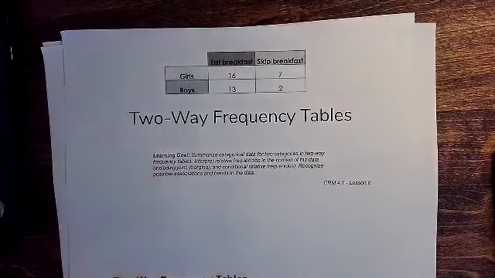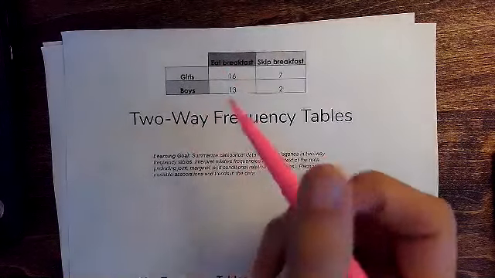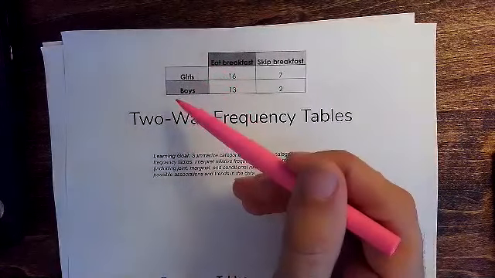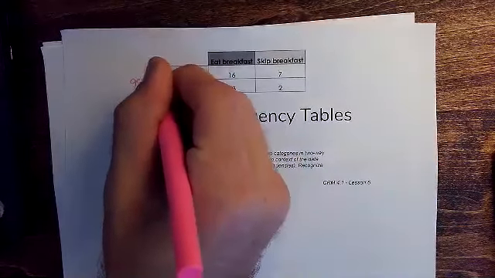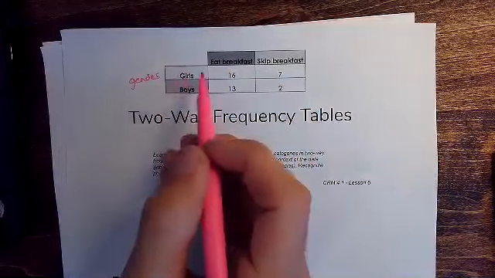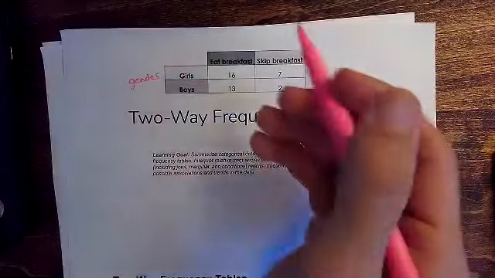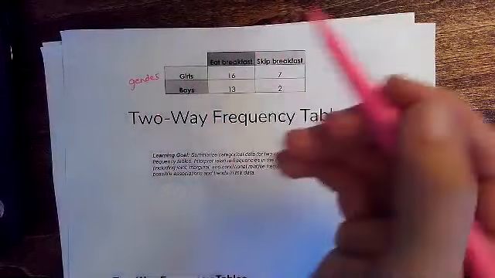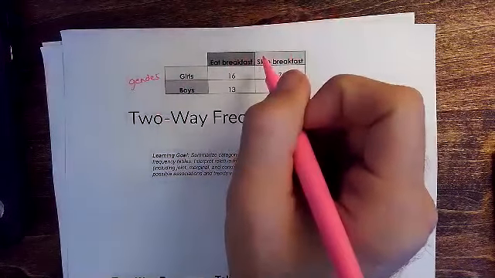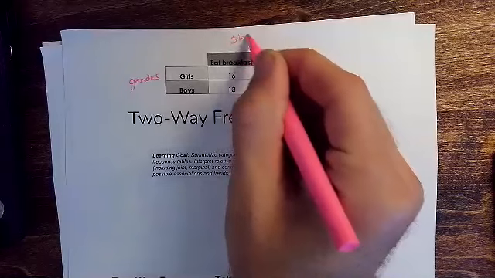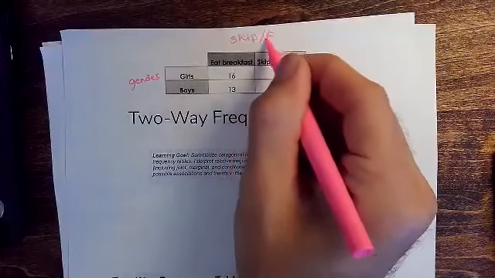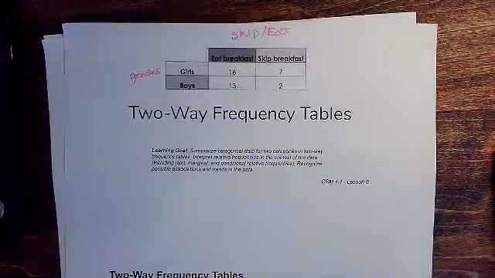So we're doing two-way frequency tables. Basically, the idea here is we have one variable, say, gender over here, and that could be considered girls and boys. And then there is another variable over here, and that's whether or not they ate or skipped their breakfast.